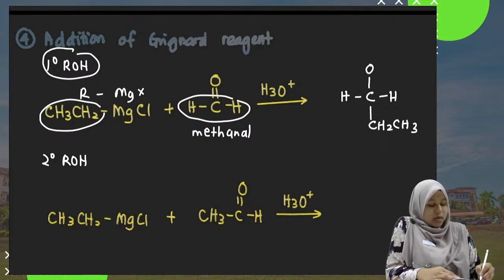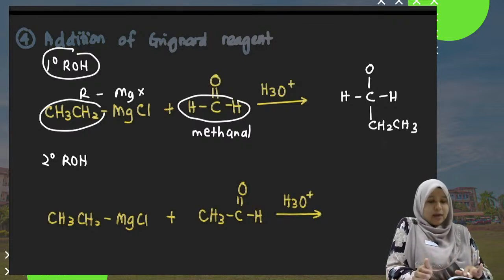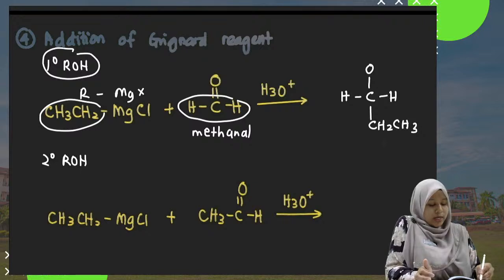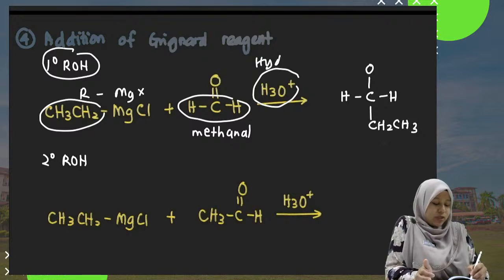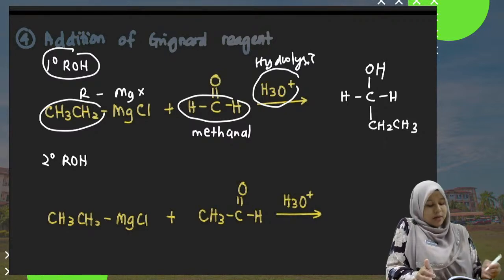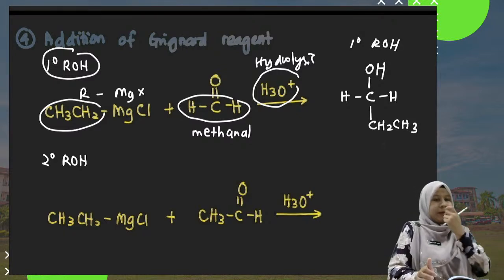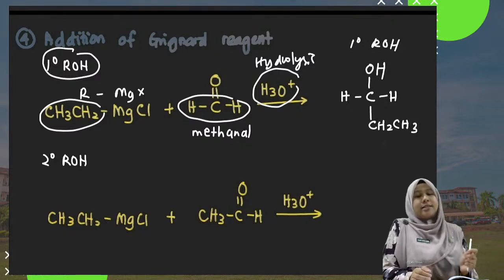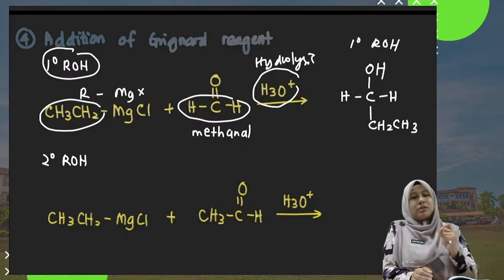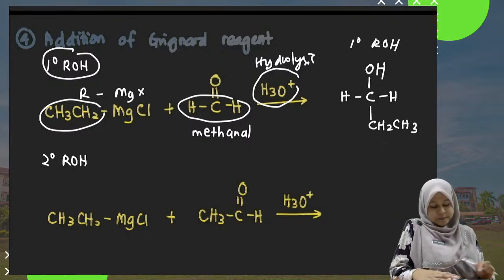Kalau kamu tak hydrolysis, O kamu akan jadi O minus MgX. Tapi bila hydrolysis, dia akan dapat OH. So kamu dapatlah formation of primary alcohol. Itu pentingnya hydrolysis tu, sebab kita nak masukkan H dekat oksigen.